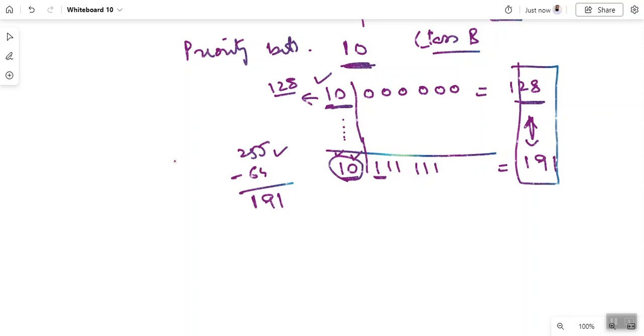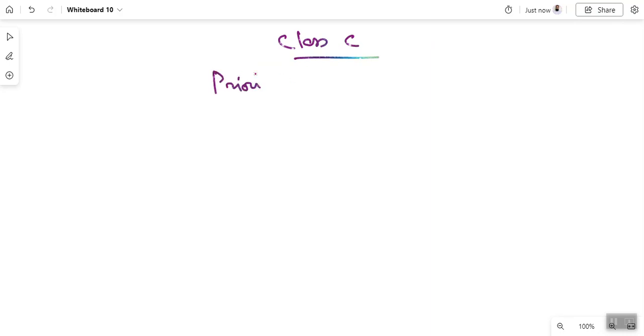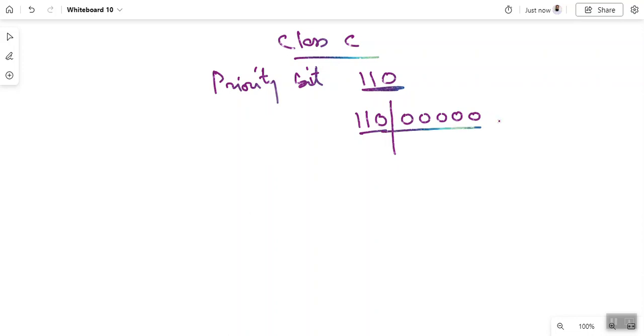For the range of class C IP address, the priority bit values are 1, 1 and 0. These are three priority bits in class C. We start when all other 5 bits are zeros. What will be the value?